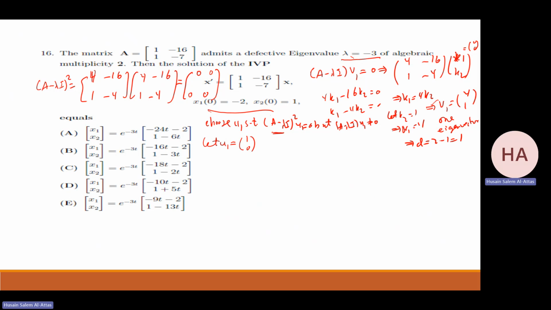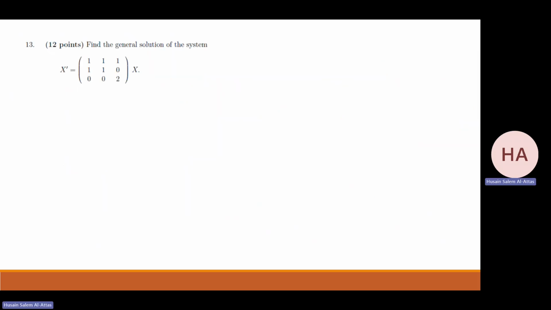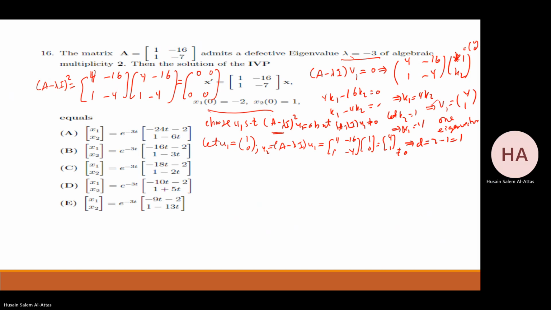And this is okay, since A minus lambda I u1 will be 4, minus 16, 1, minus 4 times 1, 0. That will give me 4 and 1, not equal to 0. And this, we call it u2, by the way. So we did two things at the same time. So I have u2 now.